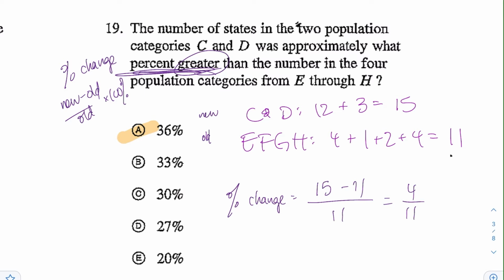And that would be 4 over 11 times 100%. And then here you can't really cross simplify, although you could estimate this is about 4 over 10, which is about 40%. But if you do 4 divided by 11, 11 goes into 40 3 times, and this would be 6 times.